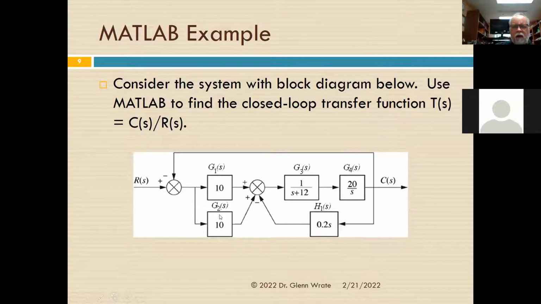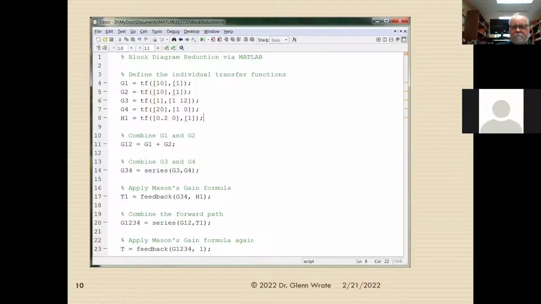It can take 2 that are in parallel and come up with a result. And it can do feedback paths and come up with a result. So here I'm just defining all these transfer functions, and then I'm coming up with what the final overall transfer function is.